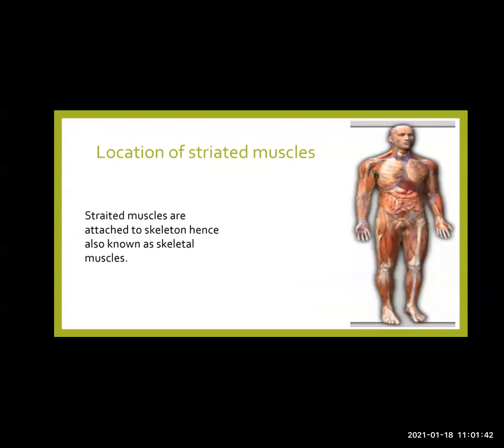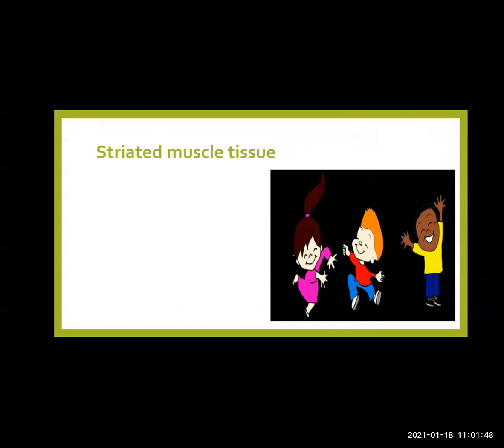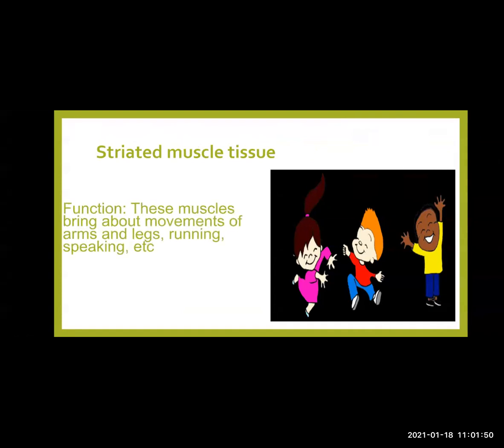Everywhere striated muscles are present. The function of striated muscle is that it brings about movements of arms and legs during activities like running, speaking, dancing, writing, and all these activities.